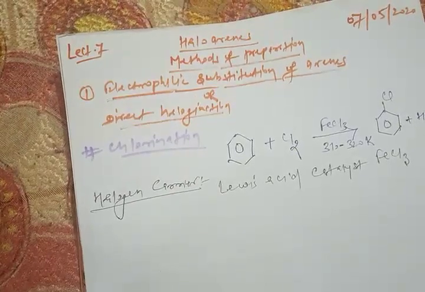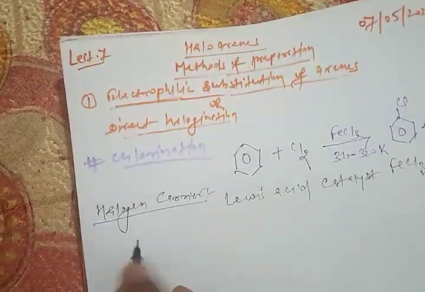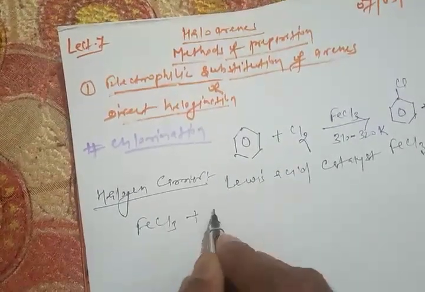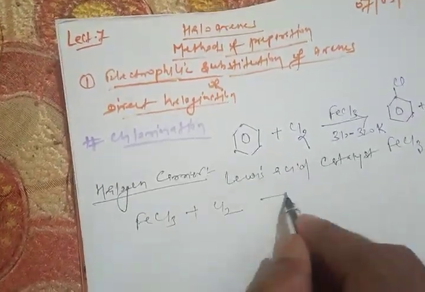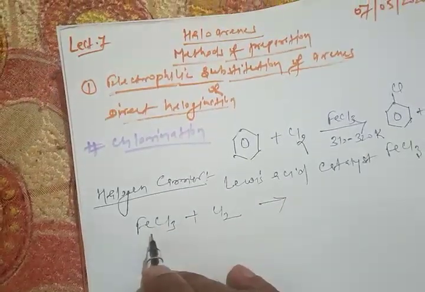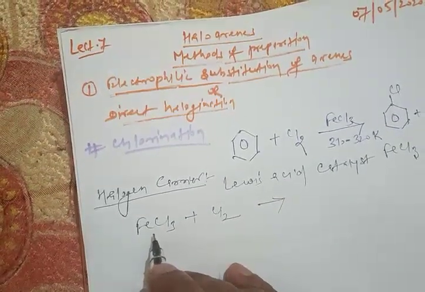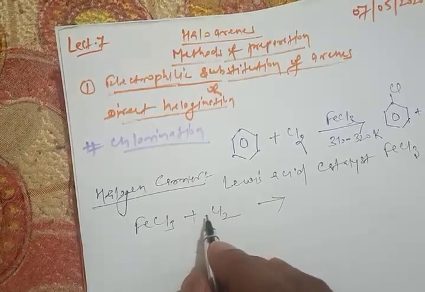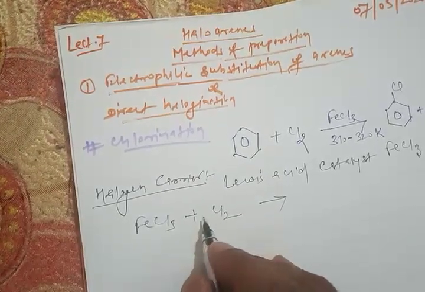See the reaction: FeCl3 plus Cl2. Because it is an electron deficient compound, AlCl3, FeCl3, all are electron deficient compounds, they will abstract one of the chlorine atoms from here.